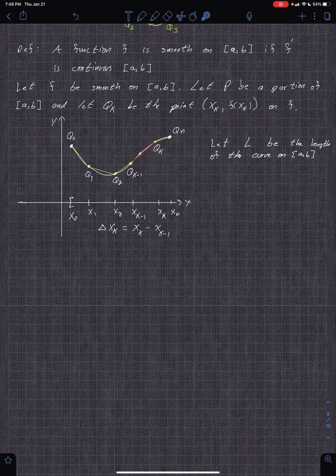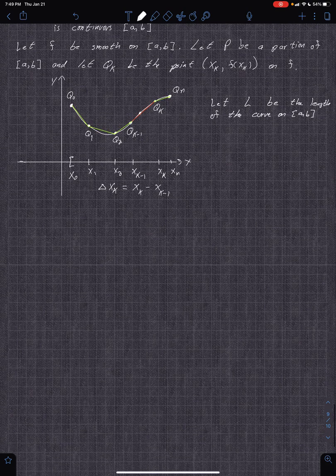So basically I'm saying we know the actual length. Essentially what we're going to do is set up an approximation for L, and then when you take a limit, it gets to be exact, just like we've done with other areas. This is all set up for when we do the Riemann sum.